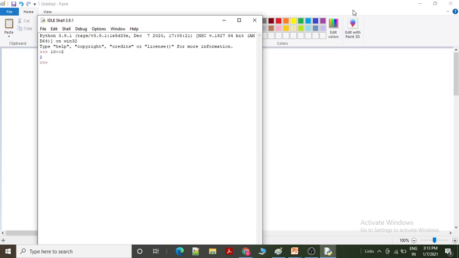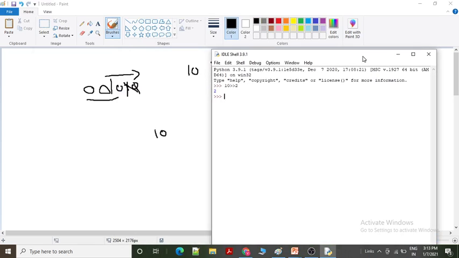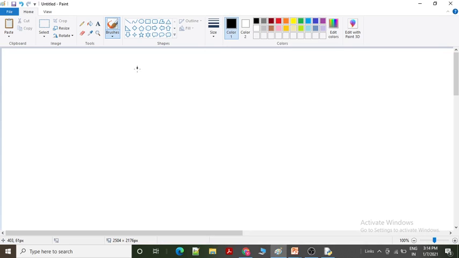Now the left shift is just the opposite of the right shift. The new bits will be added and the bits will be shifted towards the left. In that case, suppose we have the number 10. The binary of 10 is 1010, as we know. So suppose we use 10 left shift 2.